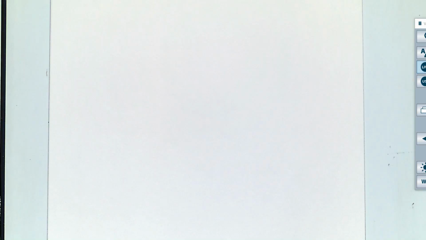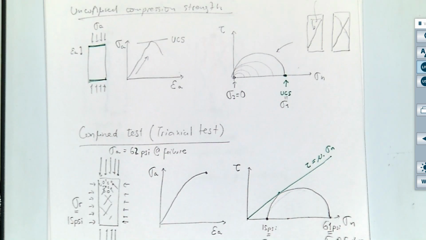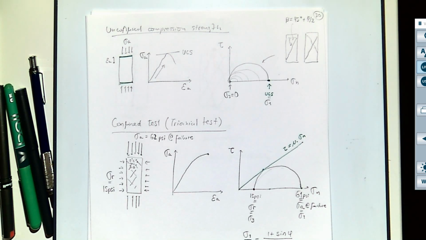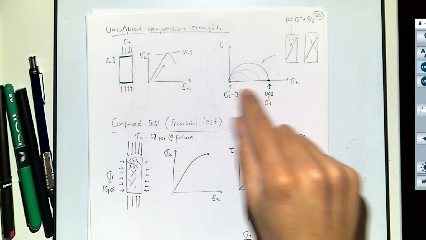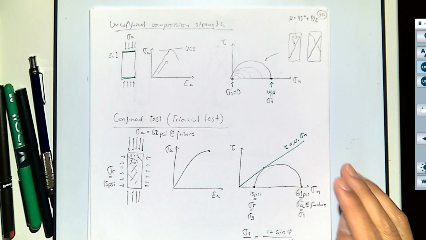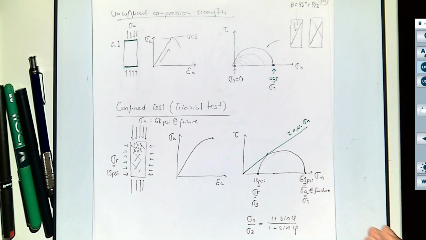All right, so we have been taking a look in detail at shear failure, and we talked about the unconfined compression strength, a test where we loaded the sample, and you get a shear failure if you set up the test correctly.